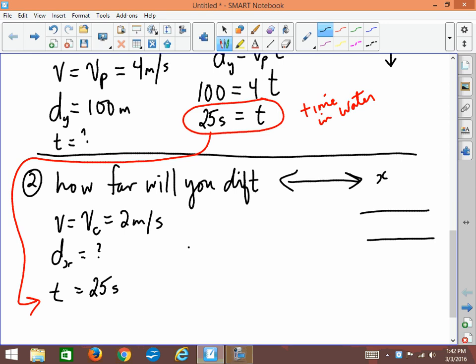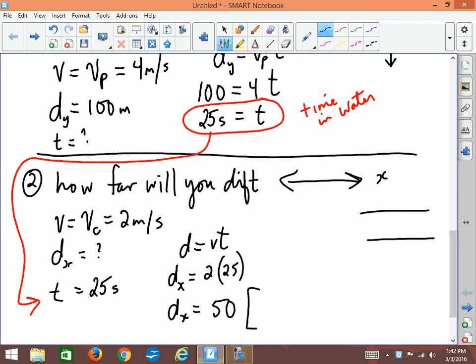Now we can do another d equals vt. This time I'm looking for the horizontal distance or displacement, and I'm going to go 2 meters per second times 25 seconds. So to me that looks like I'll be 50 meters. And where will I be? Well, I'll be 50 meters. The easiest way to describe this would be downstream from the point at which I started.